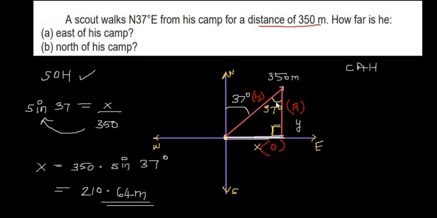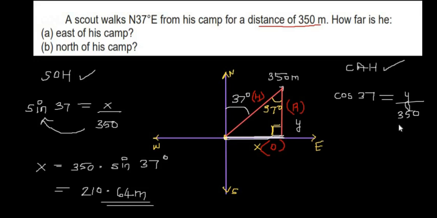Cos of 37 is equal to adjacent, which is y, over the hypotenuse, which is 350. So we can use CAH. We write cos of 37 degrees equals y divided by 350.